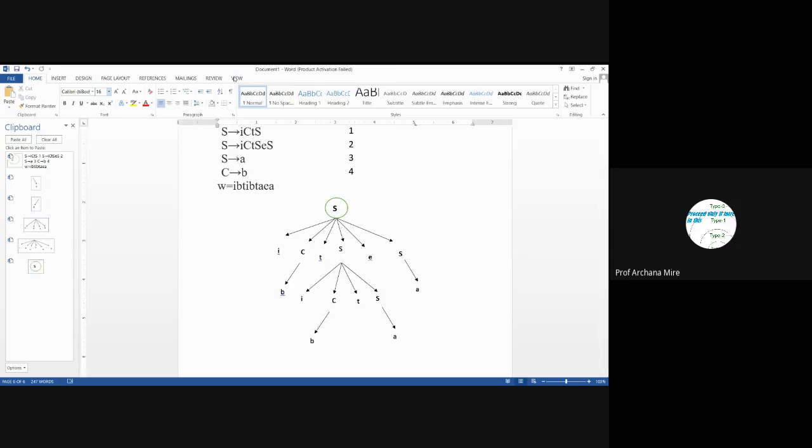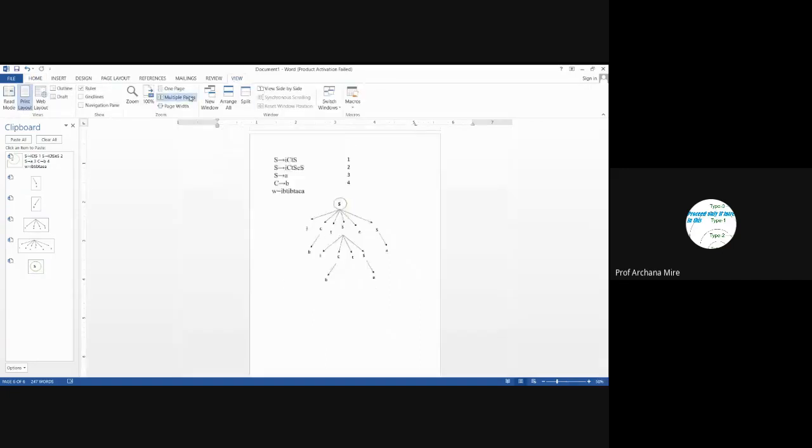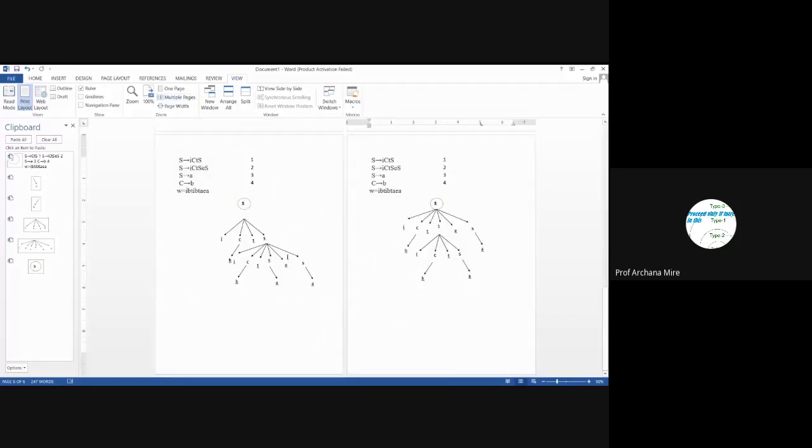Let's check whether we are getting two different trees or the same tree. So this is my first tree, this is my second tree, and we can easily distinguish that these two trees are different. Our derivation trees are different, and since our derivation trees are different, our given grammar is ambiguous.